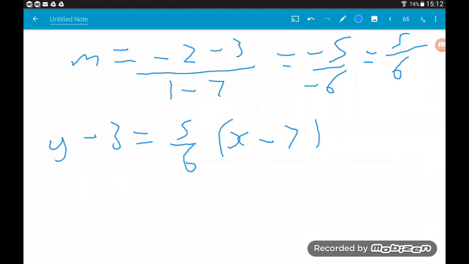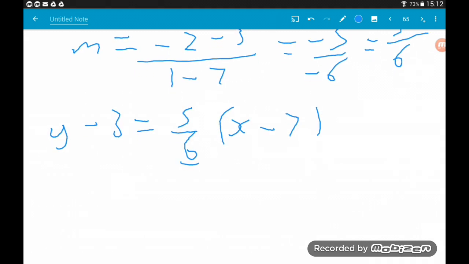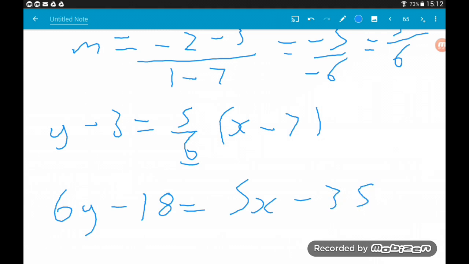So the first thing I'm going to do is multiply through by 6, which is going to sort out this fraction. So we're going to get 6y minus 18 is, now I'm also going to expand the brackets. 5 times x is 5x. And then 5 times minus 7 gives us minus 35. So, again, there's our equation. We just need to rearrange it.